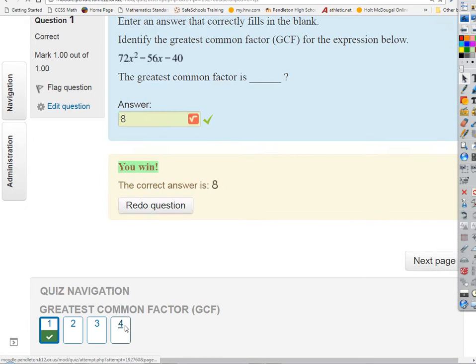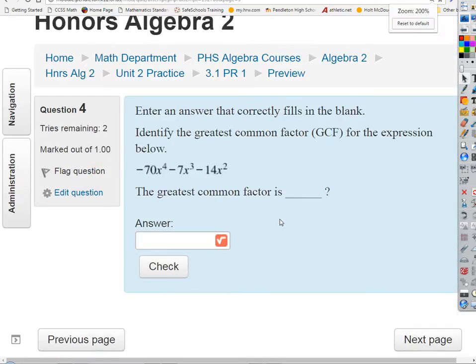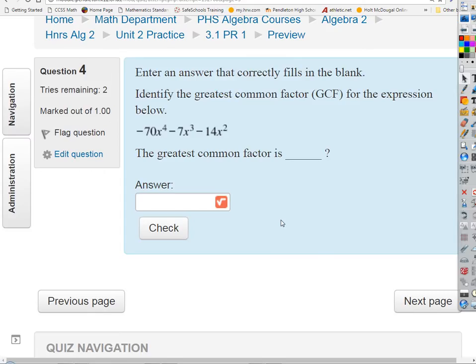Okay, I'm going to skip to number 4. Same kind of problem. So this time we can see that because the leading term is negative, we already know that the greatest common factor is going to be negative.